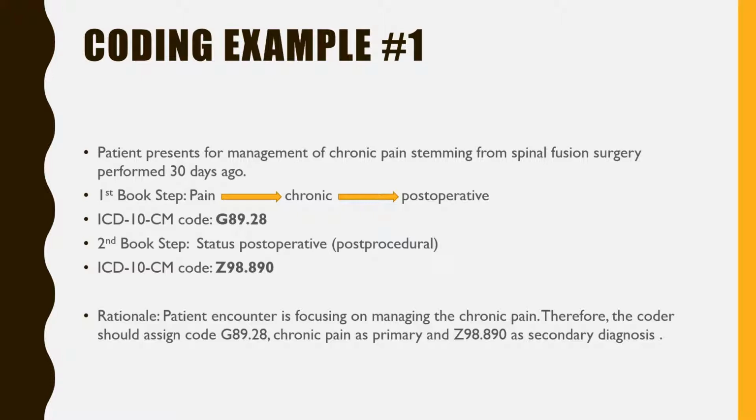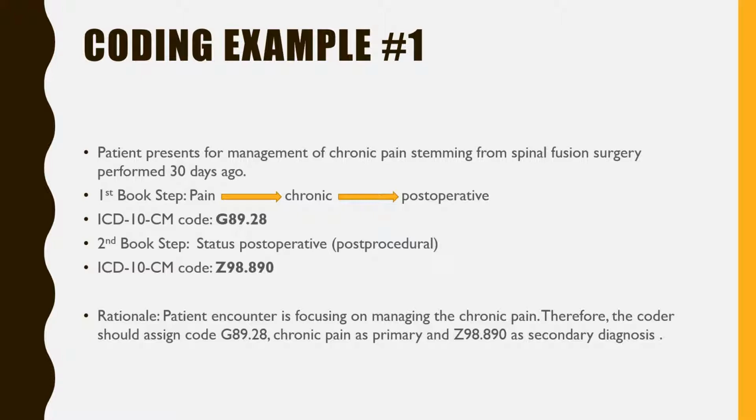In our first book step, we're going to locate pain in our ICD-10 index of diseases. Pain is the issue that we're having. Chronic and postoperative describe the type of pain the patient is experiencing. So when we drill down from pain to chronic to postoperative, our ICD-10-CM code should be G89.28.